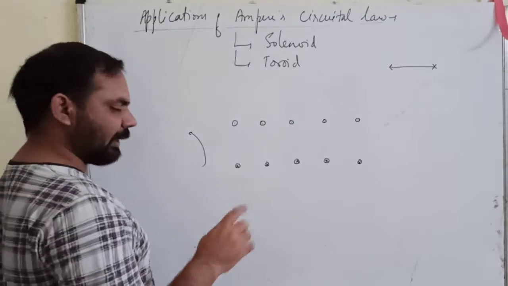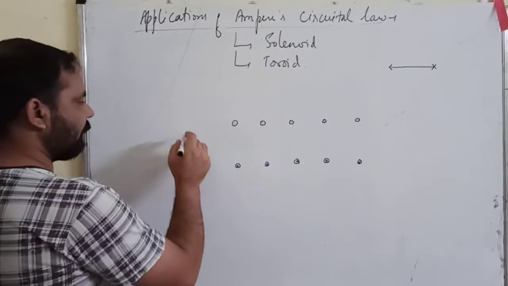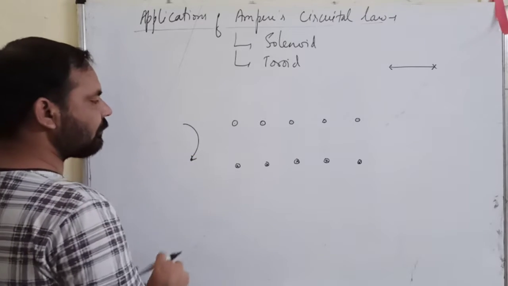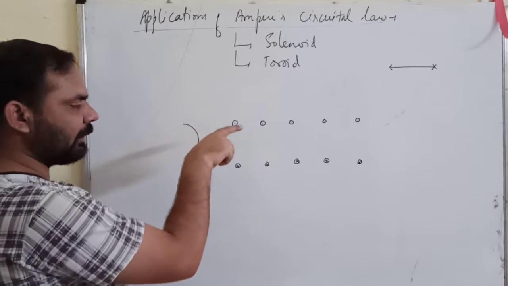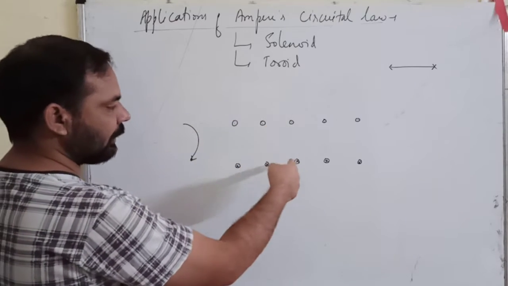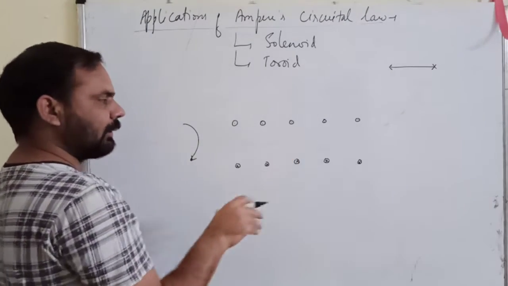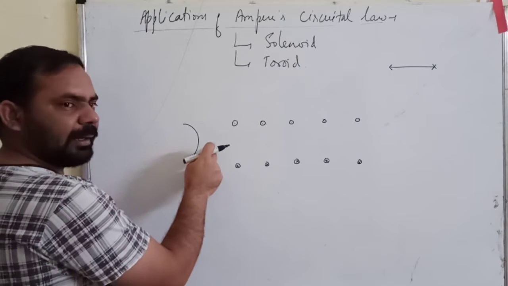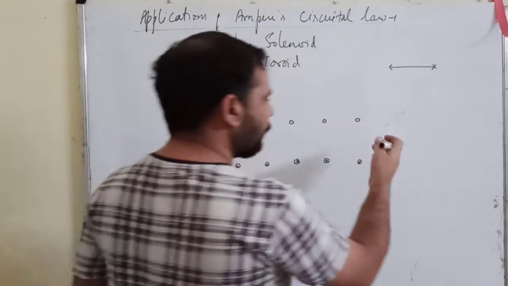So here the direction of current is not this one, it is exactly the opposite. Current is coming out from here and going in here, out and in, like this. So current is flowing through the solenoid in this way.